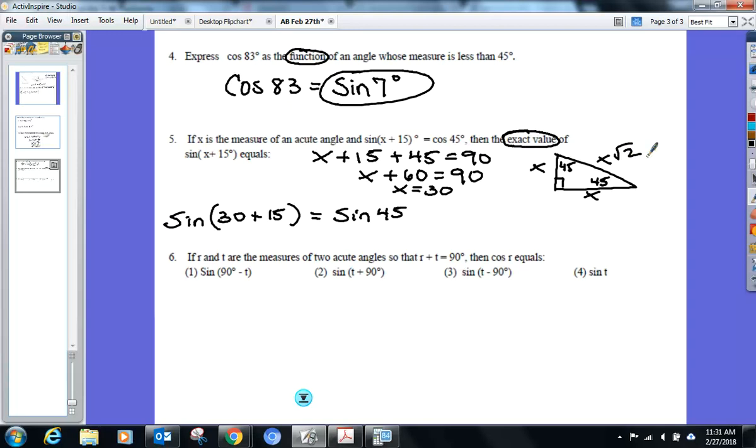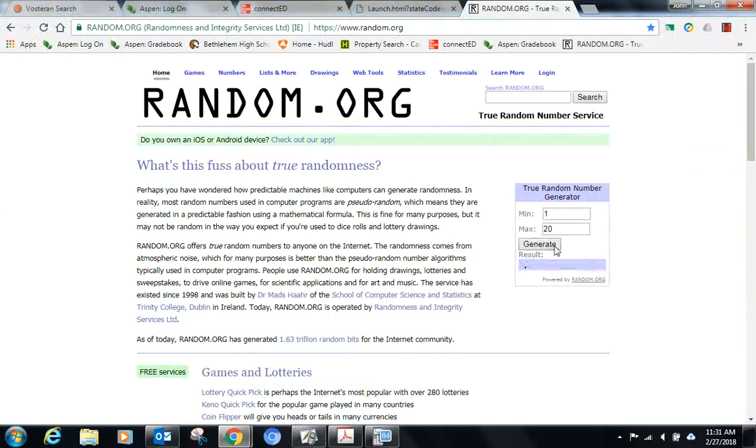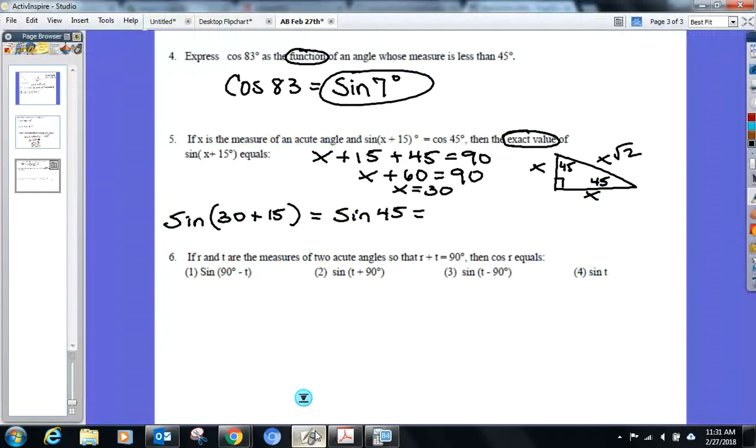All right. Sine is what ratio? Sine ratio. Okay, so everyone pick a 45 up there. Pick a 45. Opposite over hypotenuse.